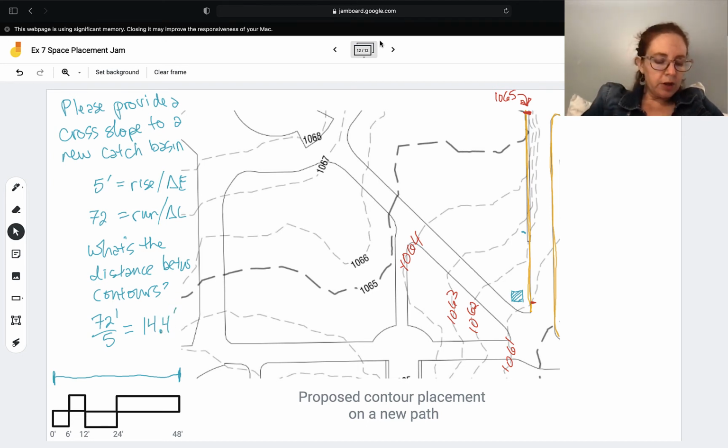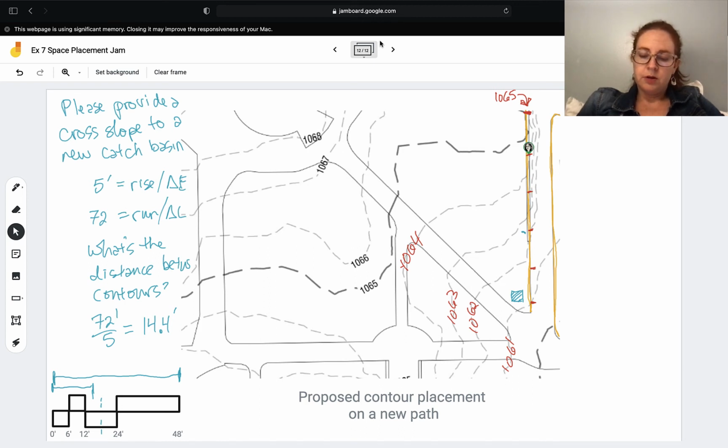All right, so if I look at my nifty graphic scale down here again, and I want to figure out what 14.4 is. If you recall, this is 18. 14.4 is probably somewhere around there. So again, going to use my nifty measuring fingers and go, okay, so my new contour intervals are probably going to be something like that, 2, 3, 4.